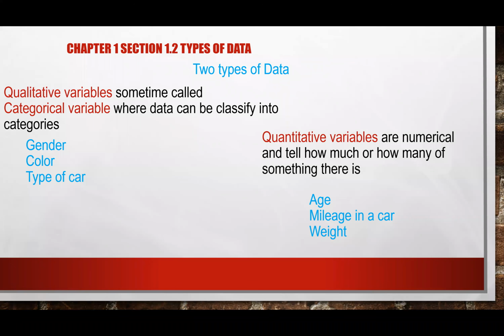So anything related to number would be quantity, and anything related to category would be quality, which is qualitative. But one thing is, not all numbers are quantitative, ladies and gentlemen. For instance, zip code is not quantitative. A zip code doesn't tell you the amount of an item. That number doesn't tell you how long you stay there.